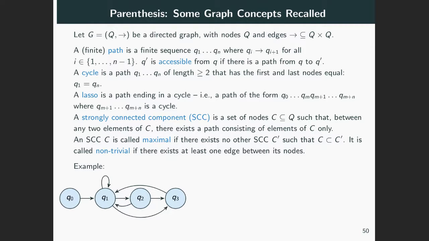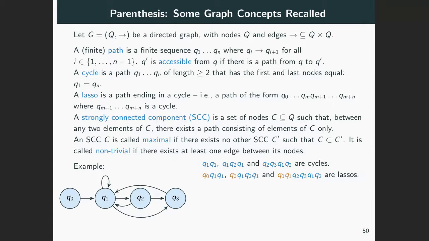Let's illustrate these concepts on a concrete example, the graph shown here. You can follow on the picture to see that Q1, Q1, this node with a self-edge, forms a cycle. And also Q1, Q2, Q1 forms a cycle. And Q2, Q3, Q1, Q2. These are all cycles.